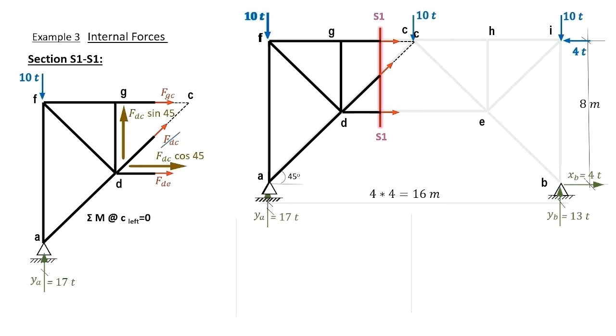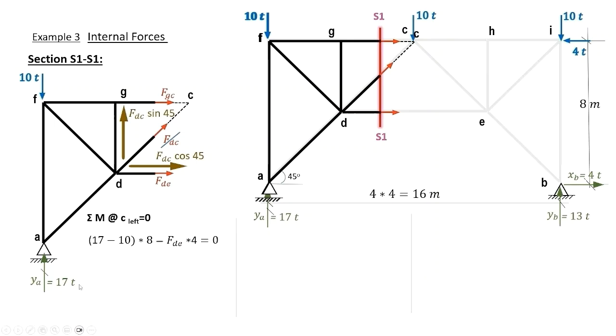Sigma moment about C equals 0. This cancels the forces passing by C, the force in GC and the force in DC, and we are left with the force in DE to be the only unknown here.